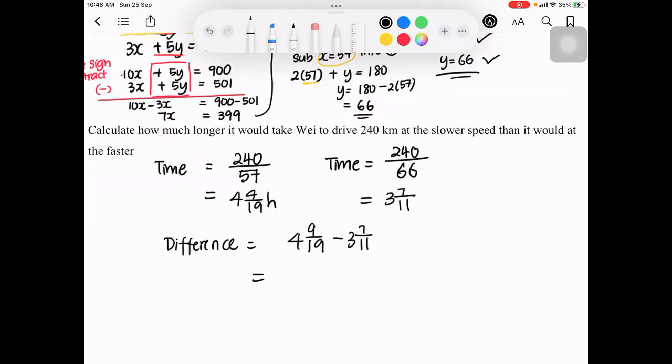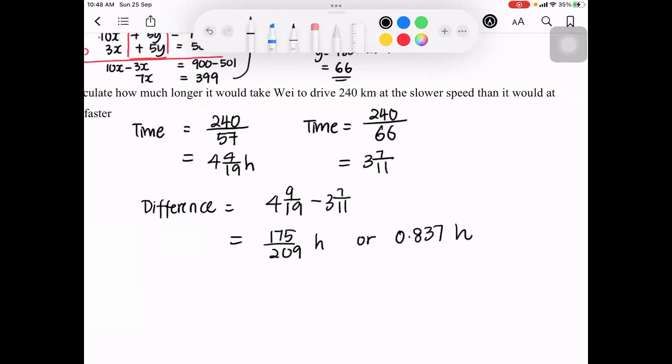Answer: 175 over 209 hours. Okay, maybe I'll put decimal, 0.837 of an hour. Or if you want minutes, times 60, 0.837 times 60 will give you 50.2 minutes.